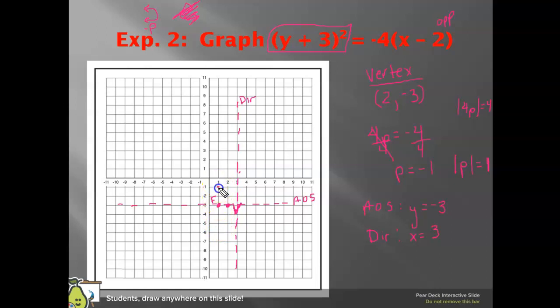So I'm going to do 2 on this side and 2 on this side. That gives me a nice focal chord that is 4 long, and the other 2 points so that I can draw a nice curve through them. And this gives me the graph of my parabola.